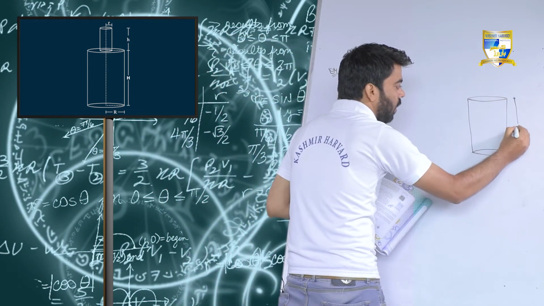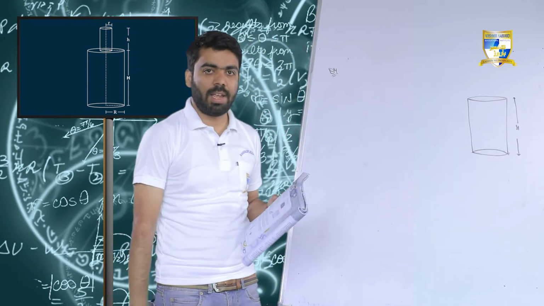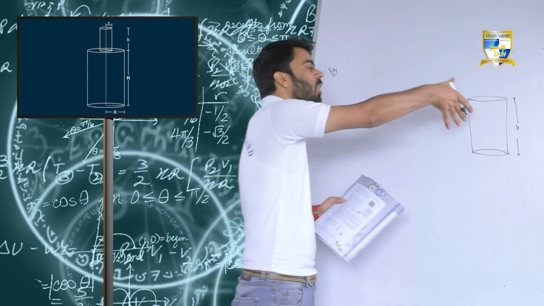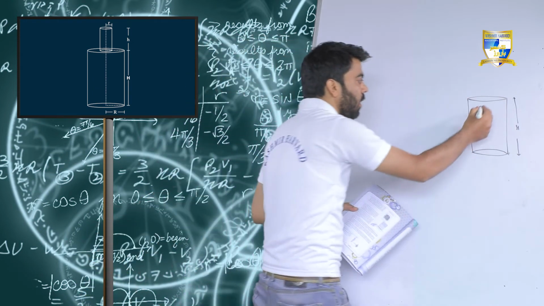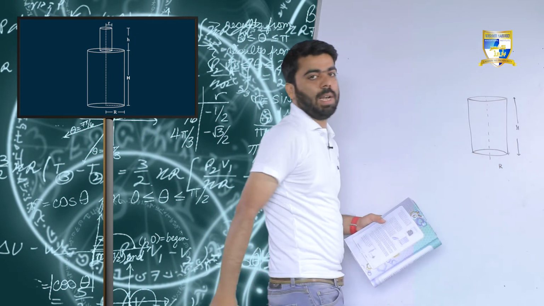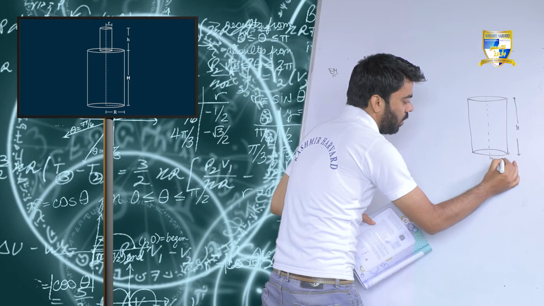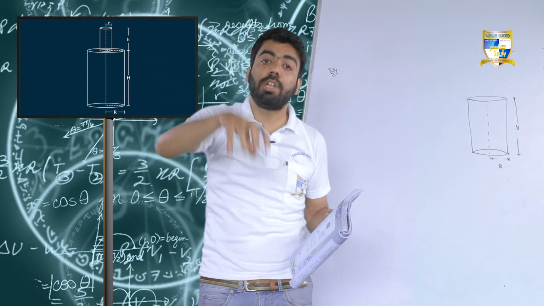From here to here, it is H. I will write this as capital H, because I am having two objects, one cylinder and another cylinder. Then it is R, let it be capital R, from this point to this point. Clear? Then another cylinder is surmounted on this cylinder.